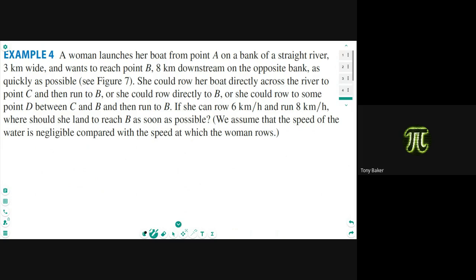All right, read this problem. I'll show you the figure in a second. All right, try to draw a picture for it.